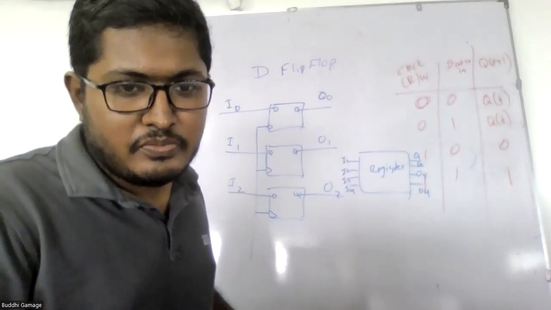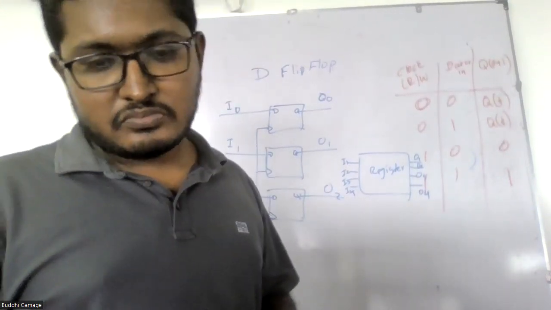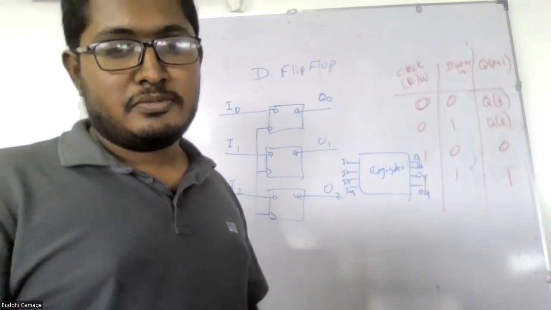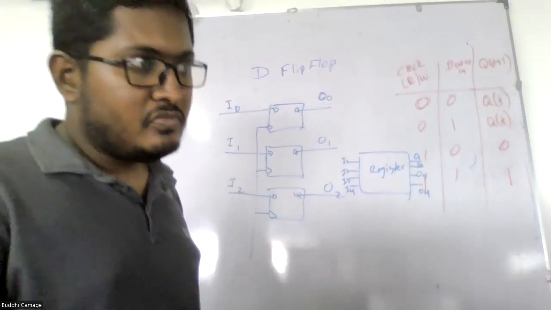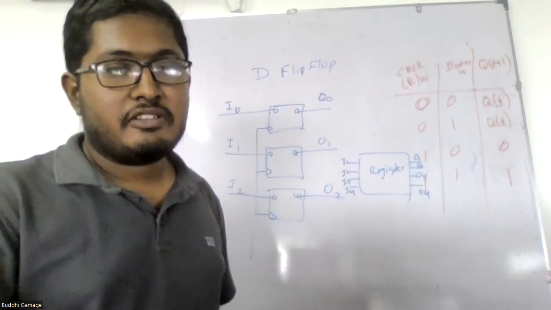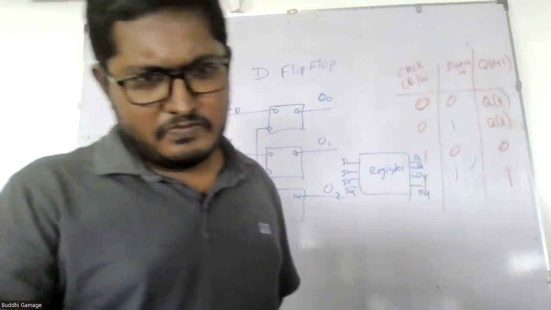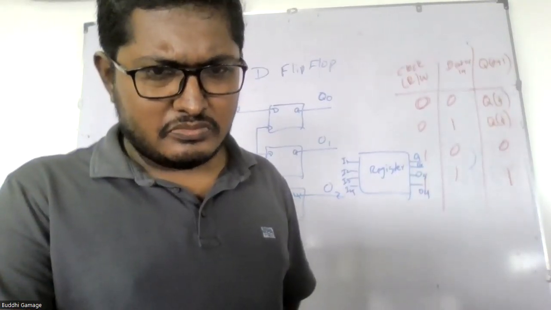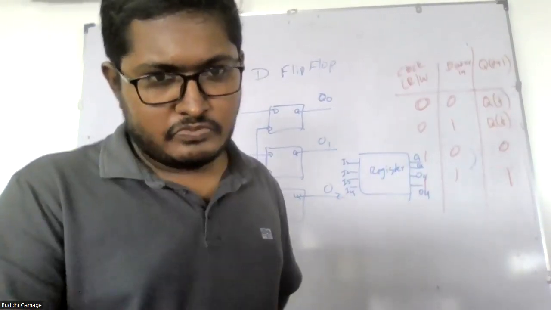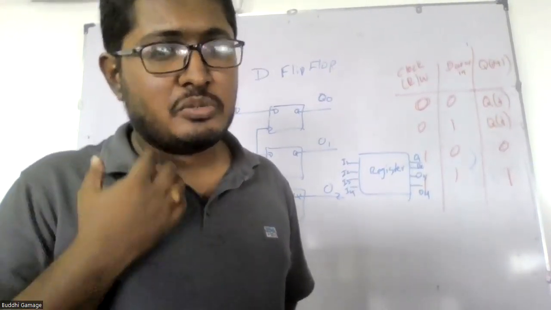If you search more about this, there are addresses. There are several addresses in the machine. Those addresses will pass to the decoder.